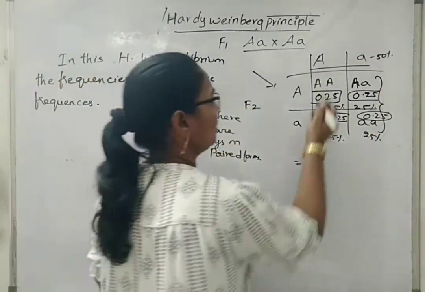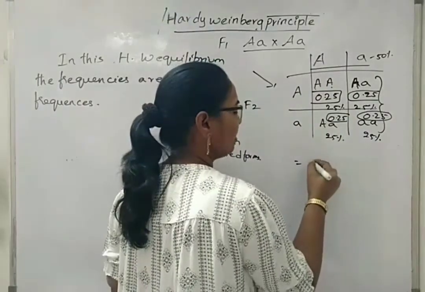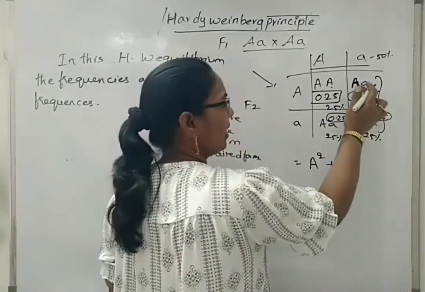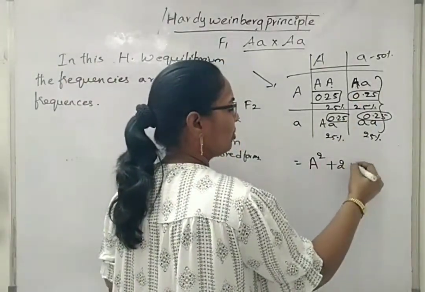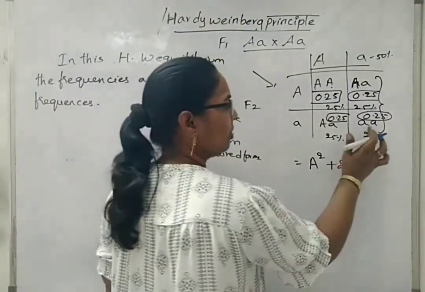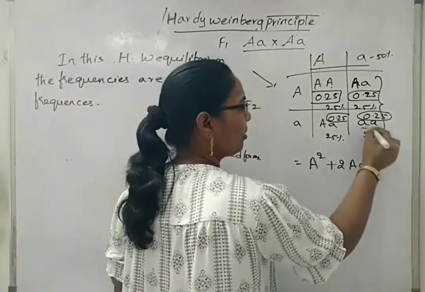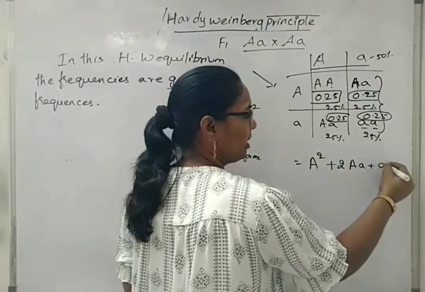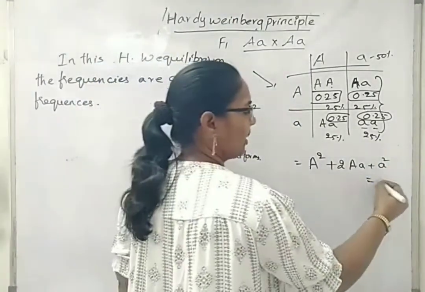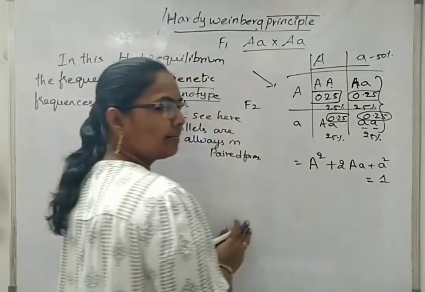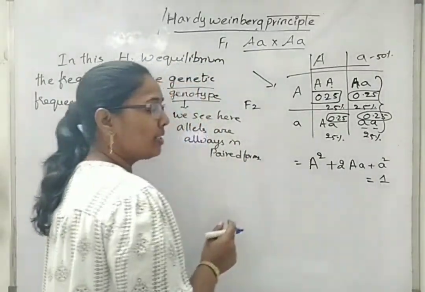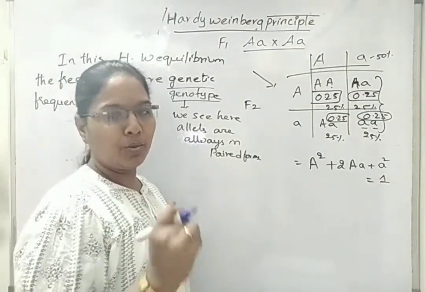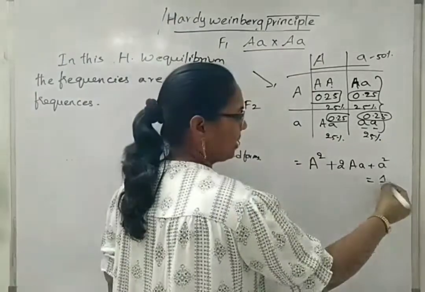These are two alleles, so we can write A square plus, heterozygous being 2 in number, 2 capital A small a, plus the homozygous recessive. The sum total of all the alleles or their frequencies is written as 1.